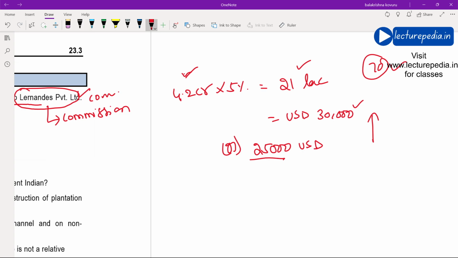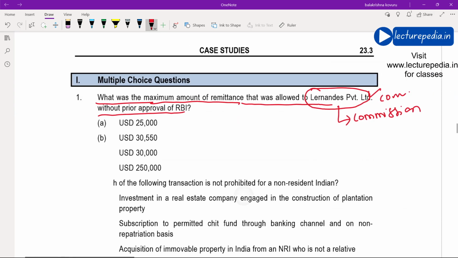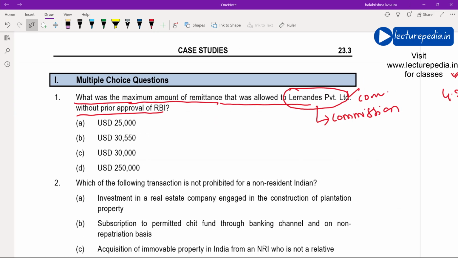That is the maximum amount that can be paid as the commission to the real estate agent. Now in this case, since 30,000 is the higher amount, maximum of up to US dollars 30,000 can be paid as a commission by Learnadas Private Limited. Thereby option C would be the correct answer.